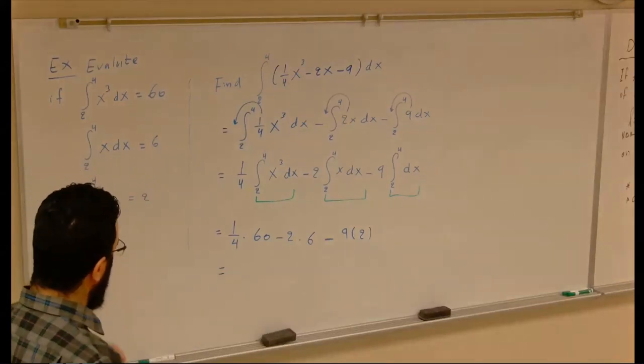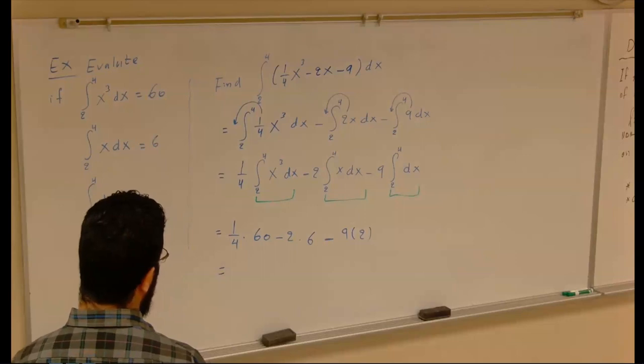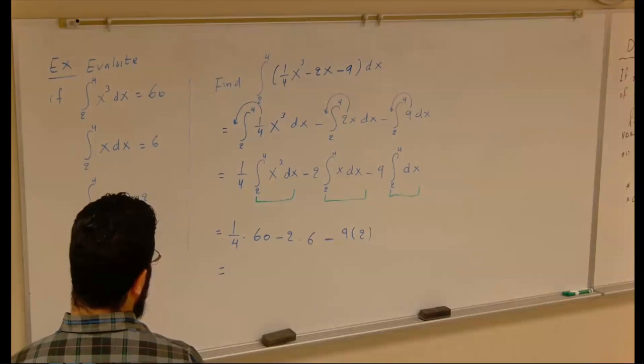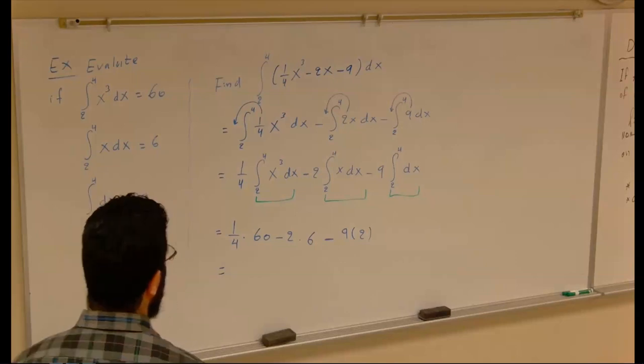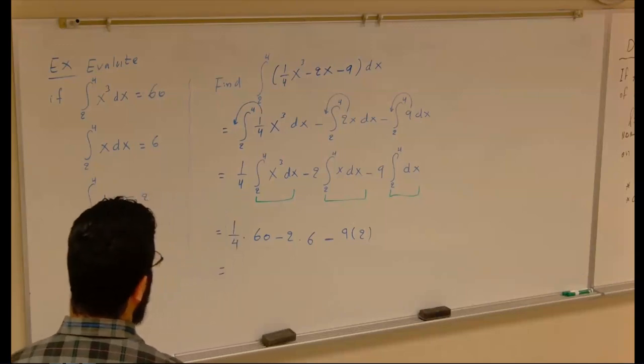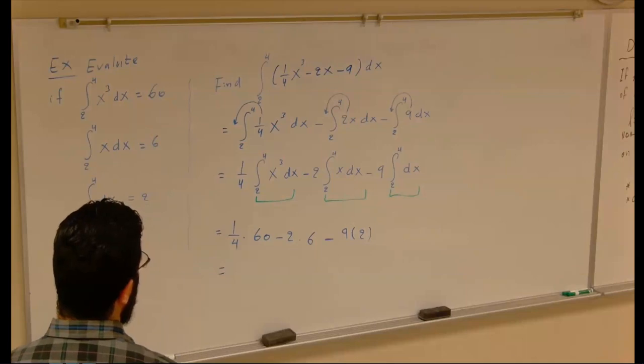60 divided by 4 is 15. 15 minus 12 is 3. Minus 12, 3, minus 18. How much is it going to be? Minus 12, minus something.